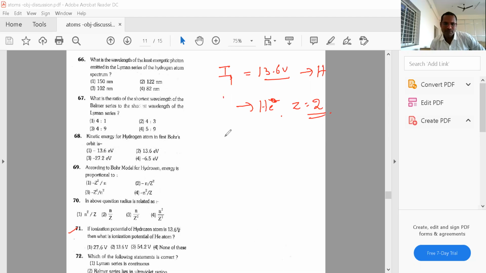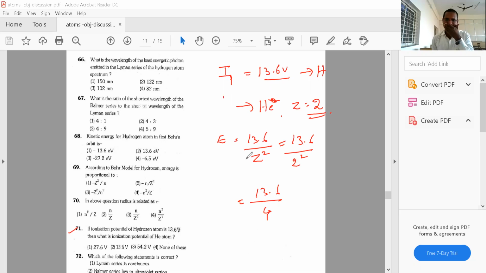We know energy is equal to 13.6 Z square, so it is 13.6 by 2 square, Z equal to 2, where 2 square is 4. Clear?